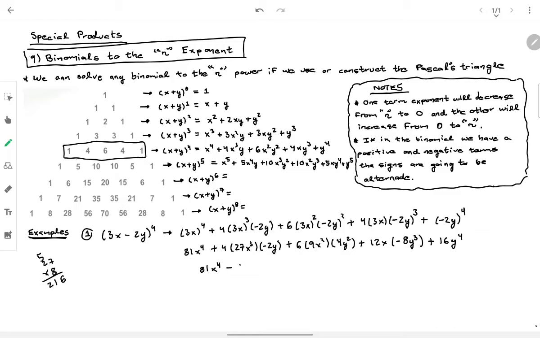So it's going to be 216 x cubed y. Then we are going to get 24 times 9, that it's going to be also 216 x squared y squared.